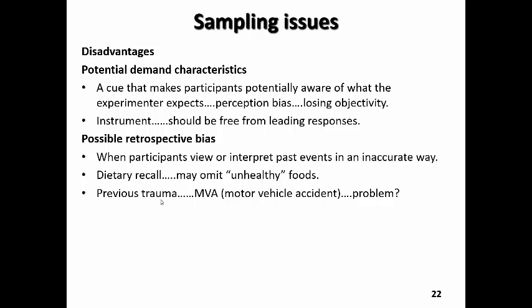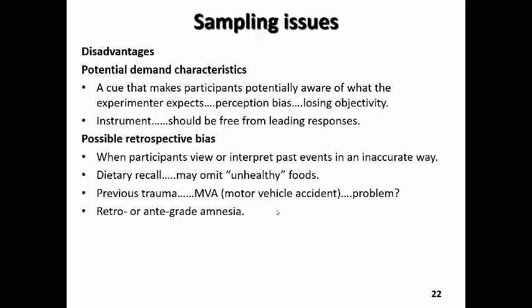If participants experience previous trauma, one such example are people that have experienced a motor vehicle accident. And the problem with recall here is retrograde or anterograde amnesia, particularly if those motor vehicle accidents were very serious and involved a head injury.